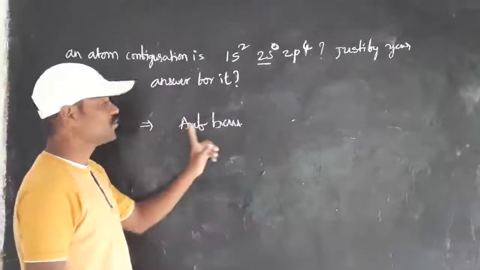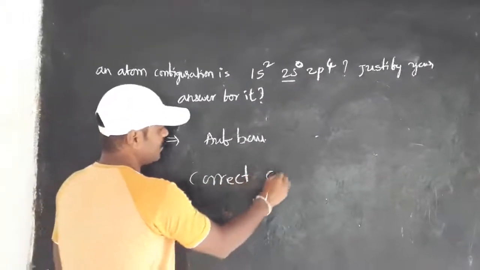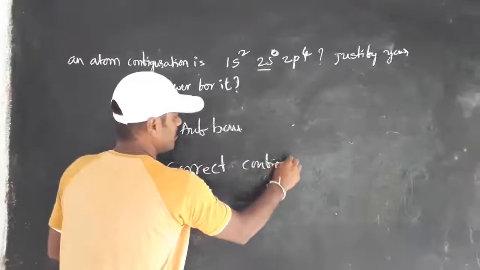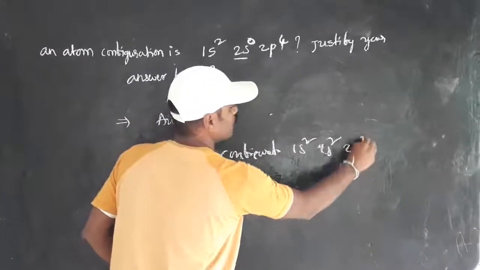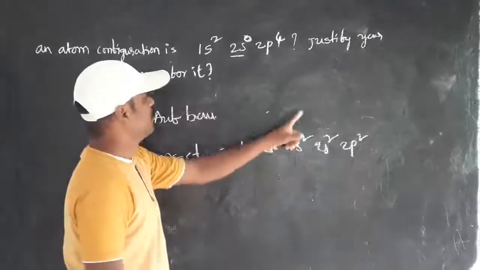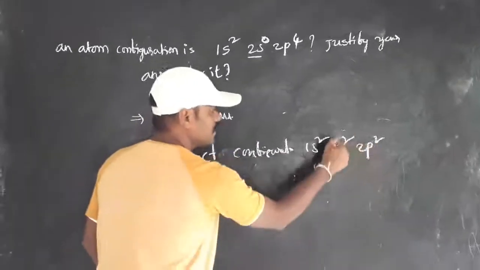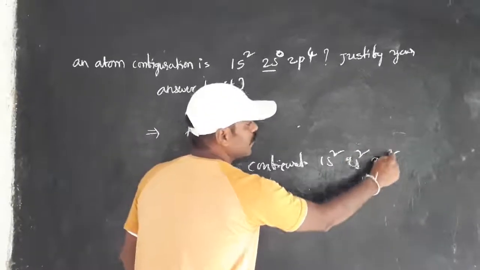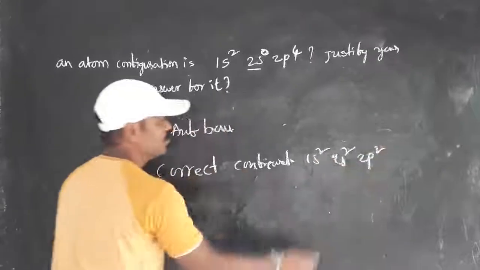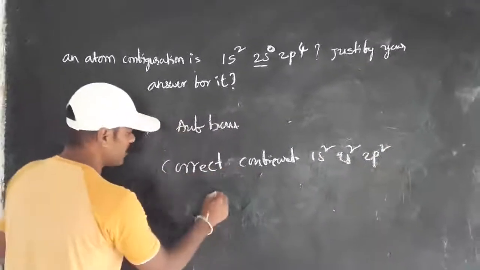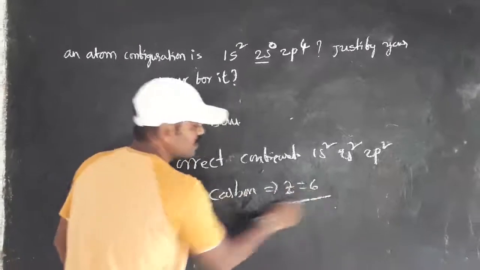Further, it is against the Aufbau principle, and the correct configuration is 1s2, 2s2, 2p2. Because the s orbital capacity is 2, 2 electrons are filled in 2s, and only 2 electrons remain for the p orbital. So 1s2, 2s2, 2p2. So the given configuration is for carbon because atomic number is 6.